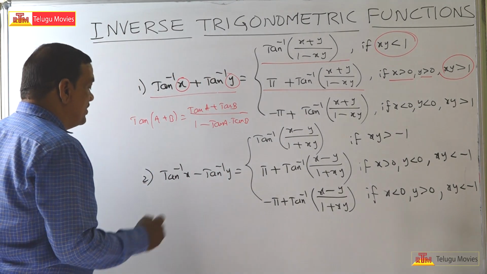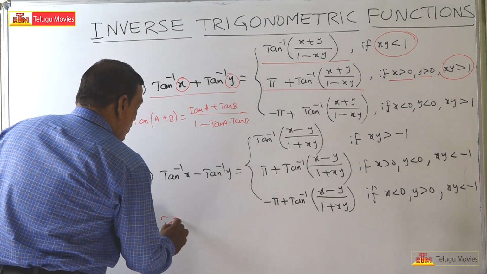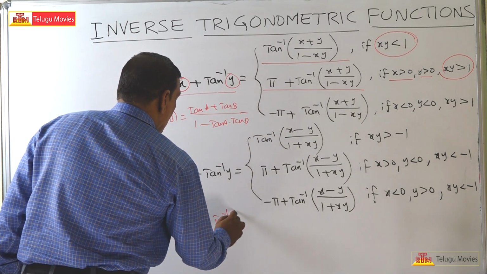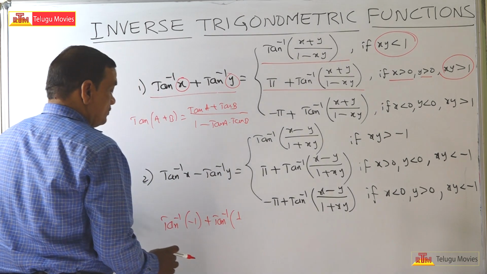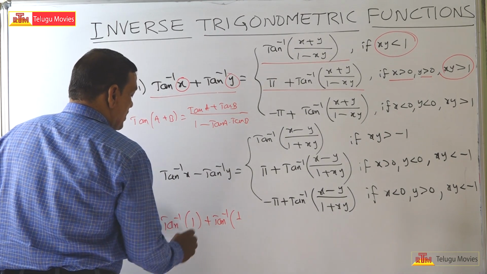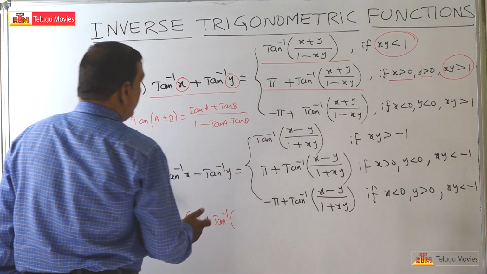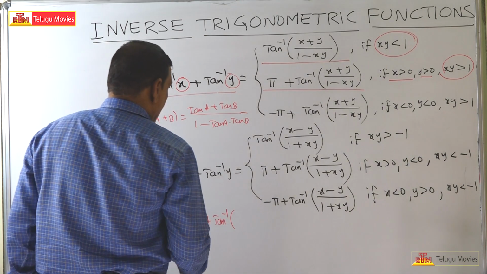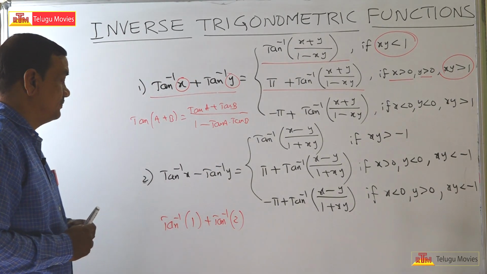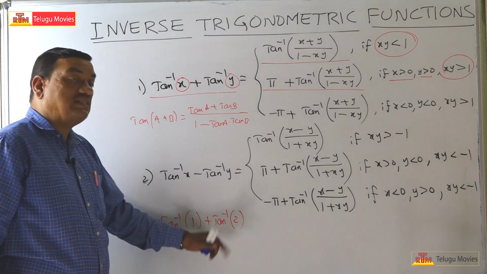Now suppose it is given tan inverse of 1 plus tan inverse of 2.